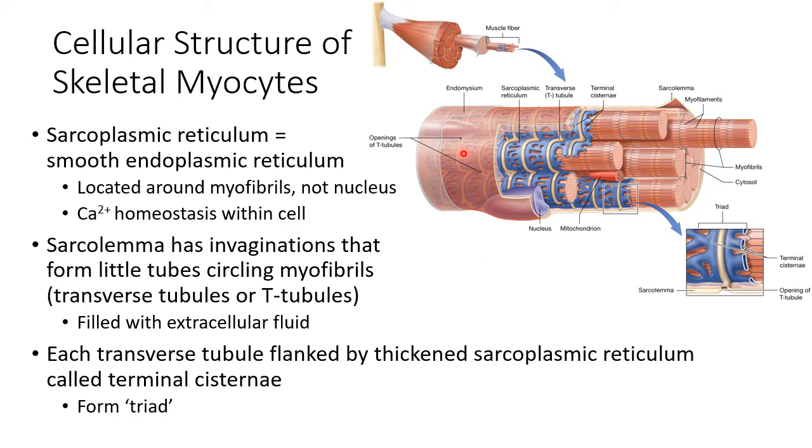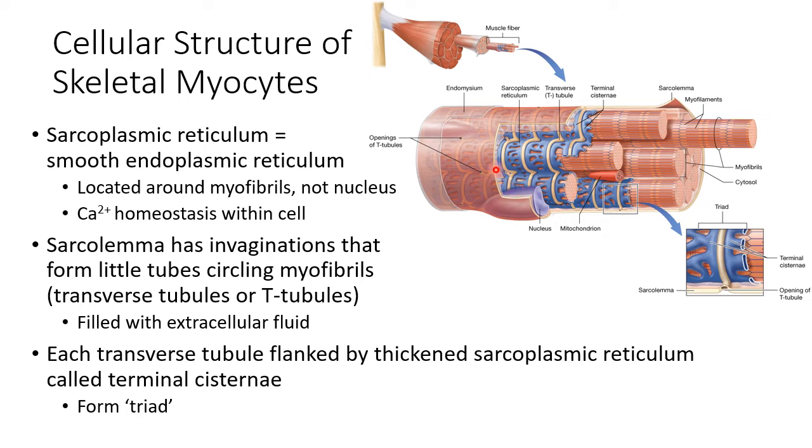You also have little tubes or tunnels that run down from the sarcolemma into the muscle cell. Here you can see the opening of one, here's the opening of another. So those would be attaching to the actual sarcolemma. Here you have openings of some on the actual sarcolemma.